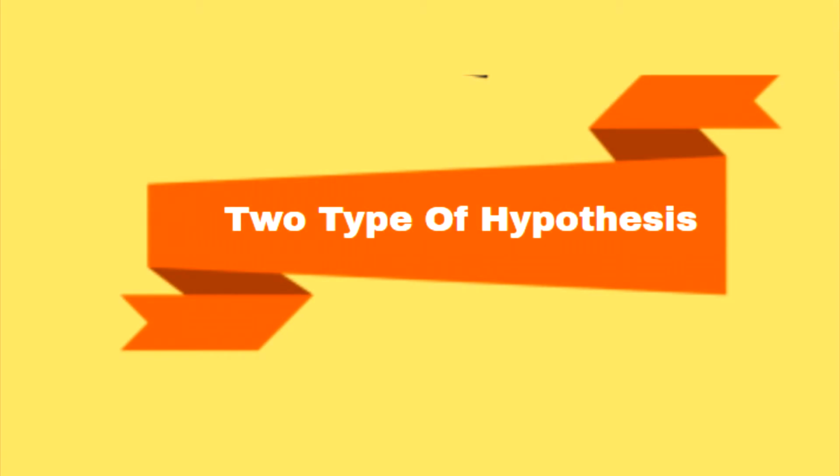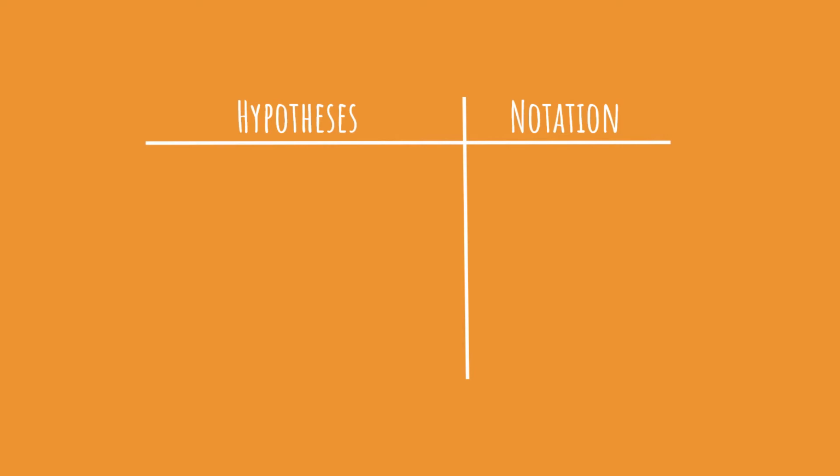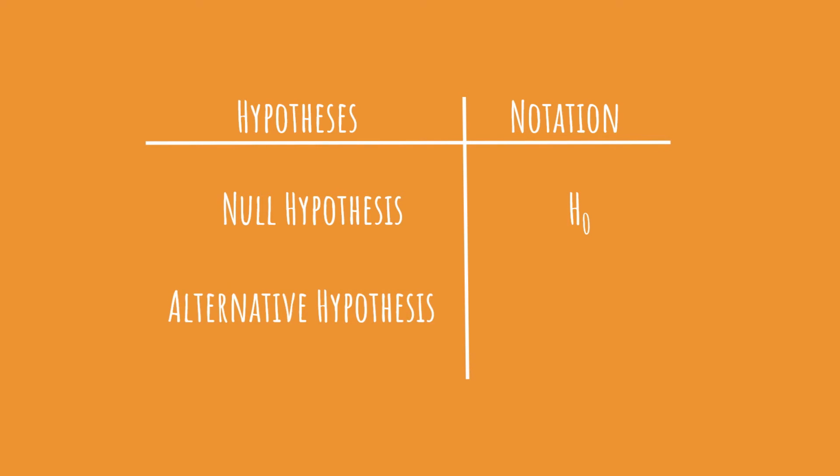So, moving on to the types of hypothesis. There are two hypotheses that we can have. Firstly, the null hypothesis, which is denoted as H0. And secondly, the alternative hypothesis, which is denoted as HA.